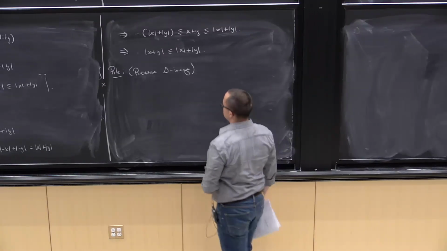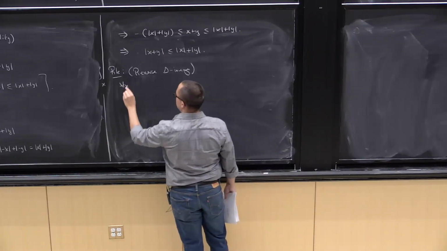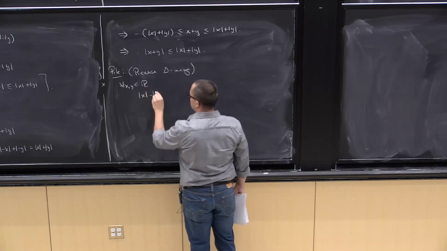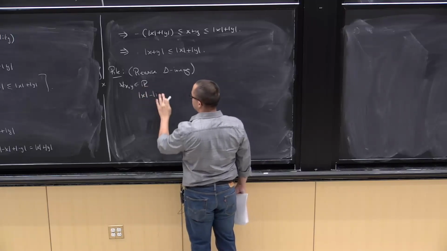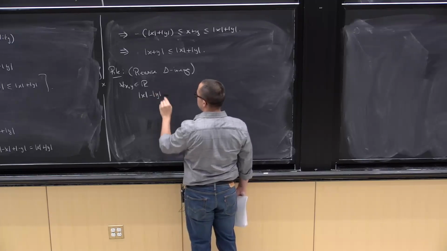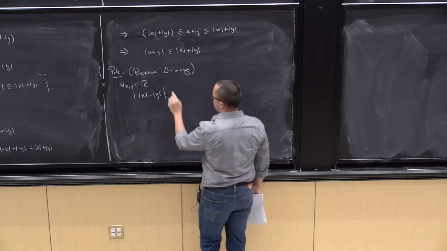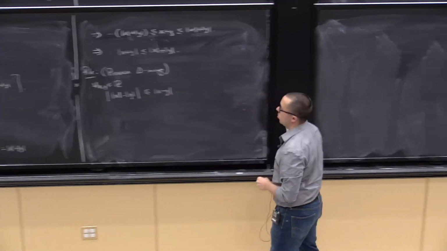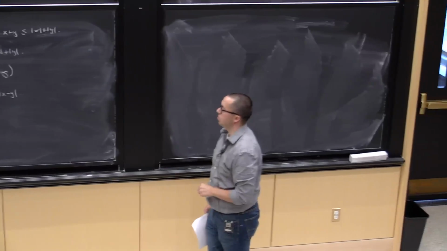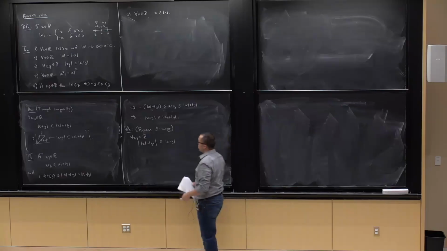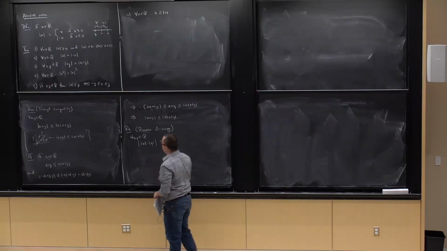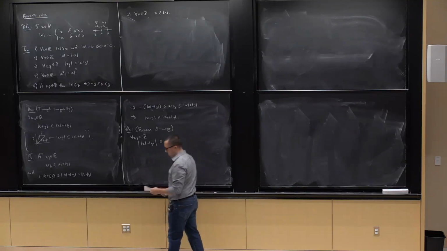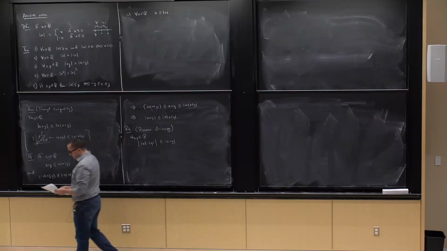Because the inequality reverses. The absolute value of the absolute value of x minus the absolute value of y is less than or equal to the absolute value of x minus y, and you'll prove this in the assignment. So this follows from the triangle inequality, but these two inequalities get used quite a bit, and we'll use them quite a bit throughout the course. Okay.